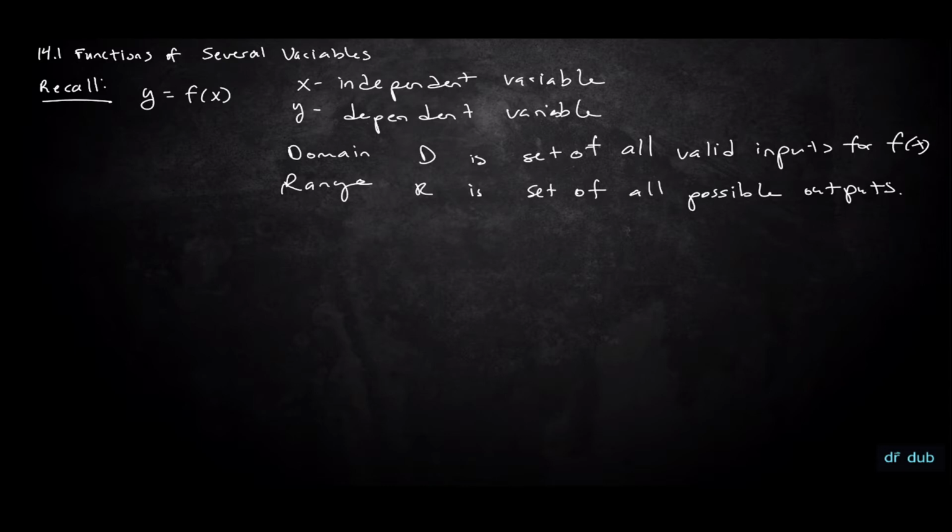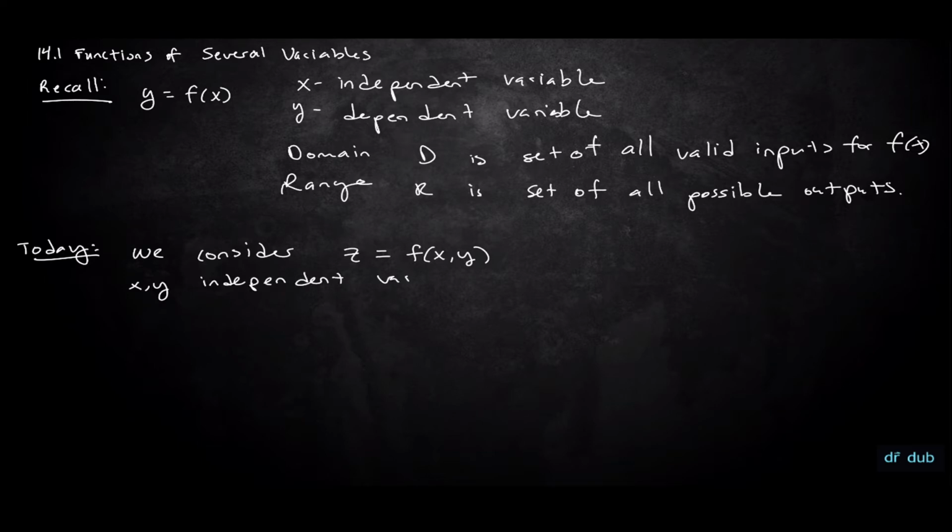What we're going to do today is consider the possibility of more than one variable going in, but still just one real number coming out. So today we consider z equals f of x and y, where x and y are the independent variables, meaning there's no relationship between them.